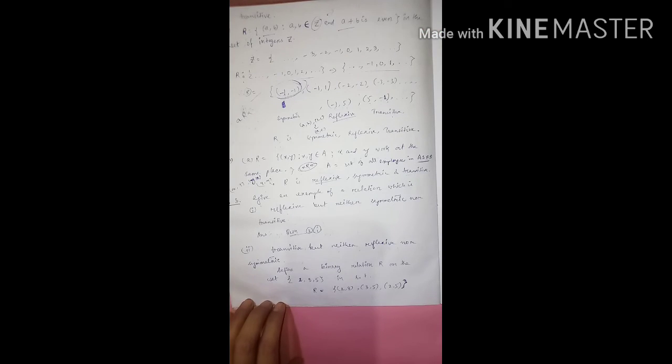The second question is transitive but neither reflexive nor symmetric. There are so many examples which will be transitive but neither reflexive nor symmetric.